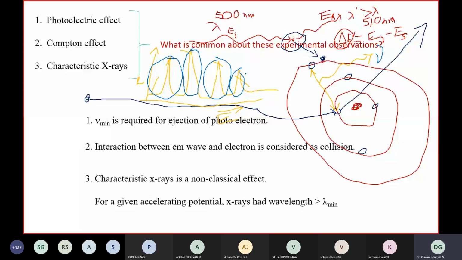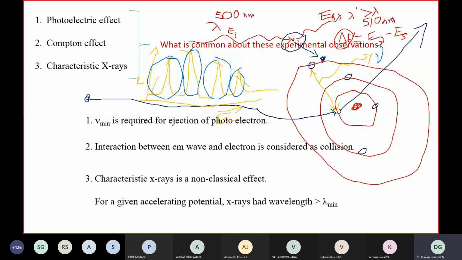This also shows that the energy of light is quantized. The light waves do not have continuous energy; they have quantized energies and we call them photons.